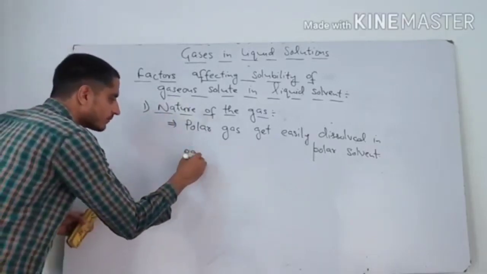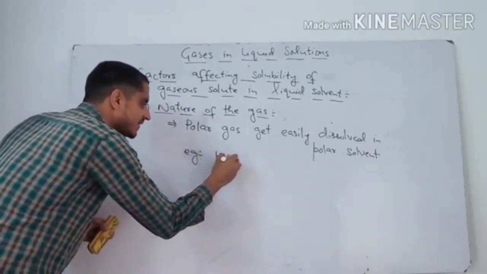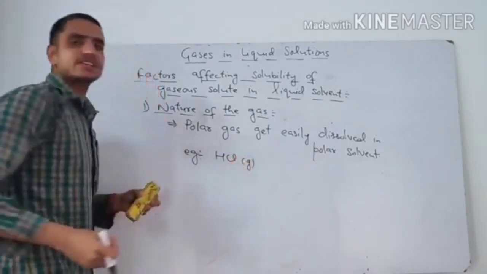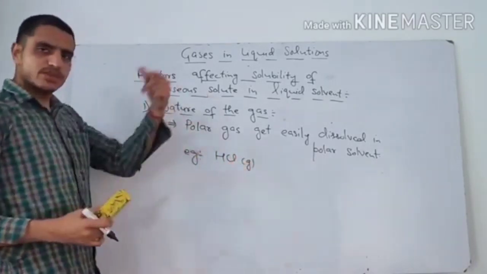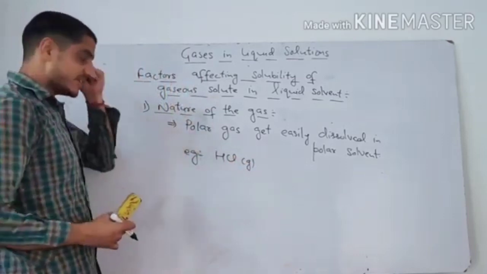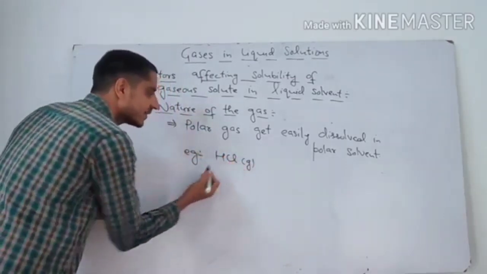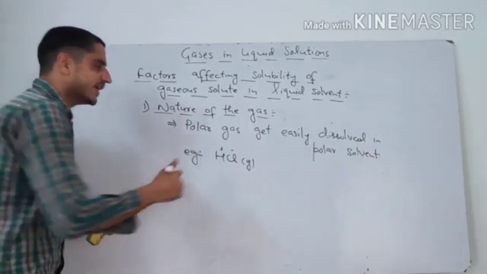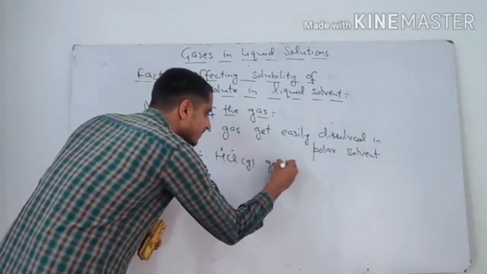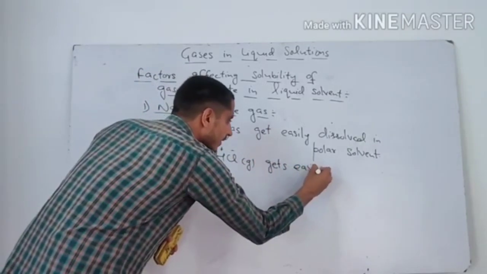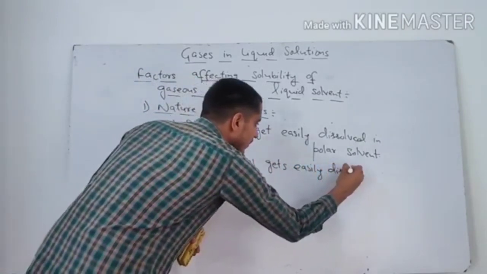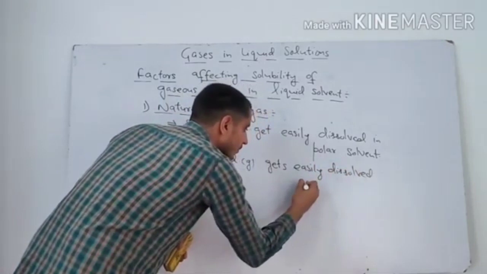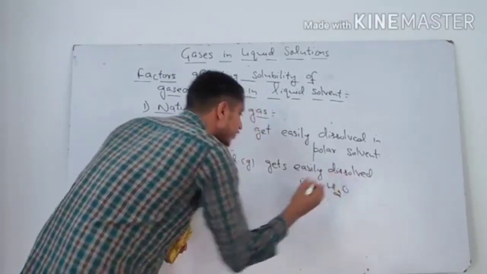For example, HCl gas. Here you don't consider HCl as a liquid; HCl is a gas also, vapors of HCl, it is in the gaseous phase. So HCl is a polar gas. Why? Plus and minus, so HCl gas is a polar gas, and it gets easily dissolved in water.